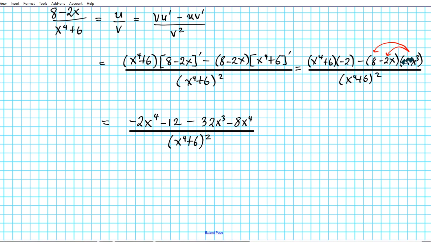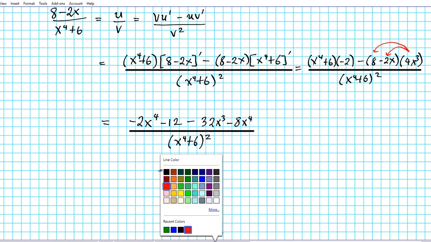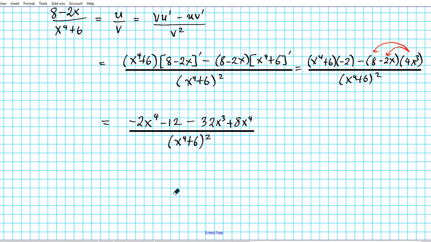Okay, so when you distribute this 4x^3 to these two terms, you also have to distribute this minus to these two terms. What is the effect? The effect is that this sign here changes to a plus. Alright, so you have to be really, really careful when you're dealing with minuses in front of quantities with more than one term. Okay, alright, let's go ahead and simplify.